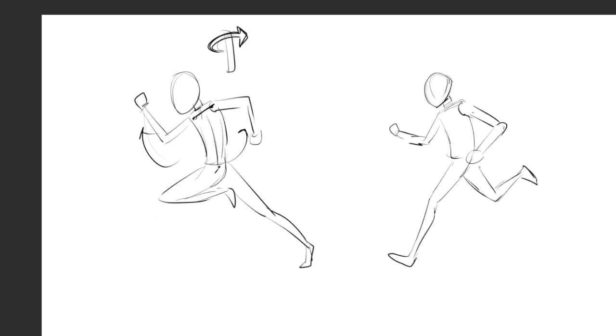This gives your entire body a clockwise kind of rotation. However, the reason it's not doing that when running is because this clockwise rotation is being countered by the rotation of the hips, which is moving in a counterclockwise rotation like this.